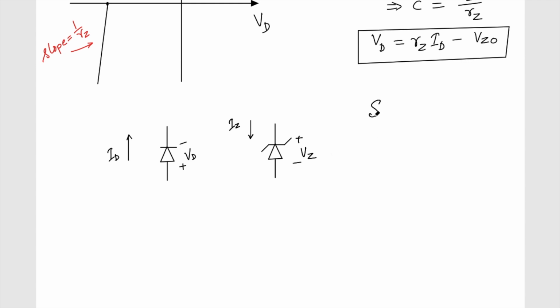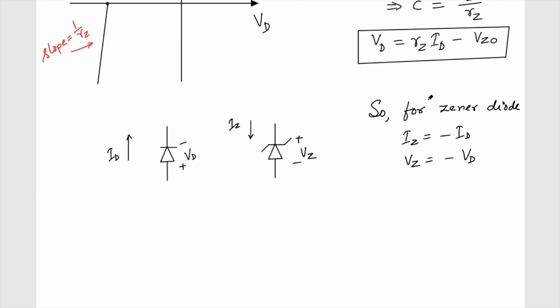So for Zener diode, my IZ will be equal to minus ID, and my VZ will be equal to minus VD. We are just trying to reverse the polarity so that things become simplified.